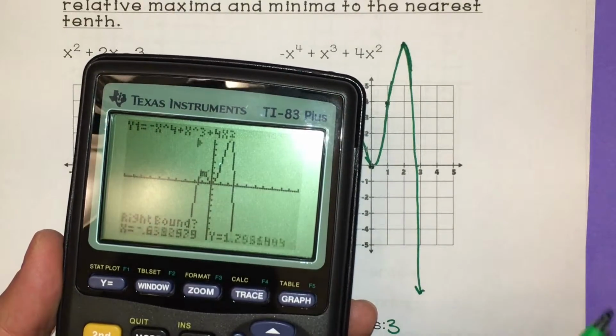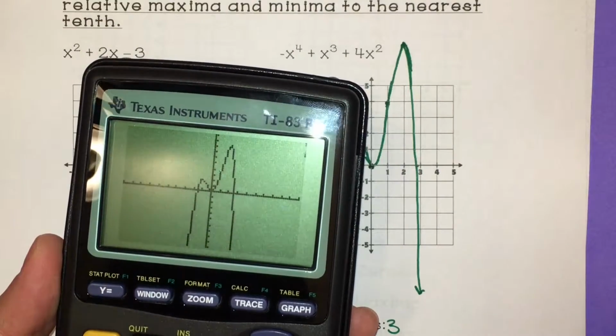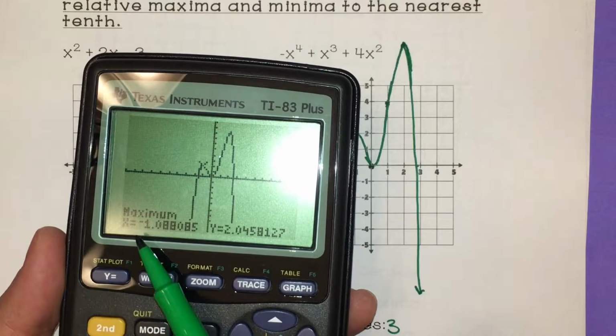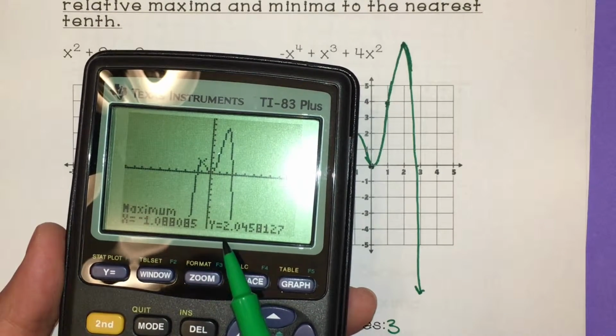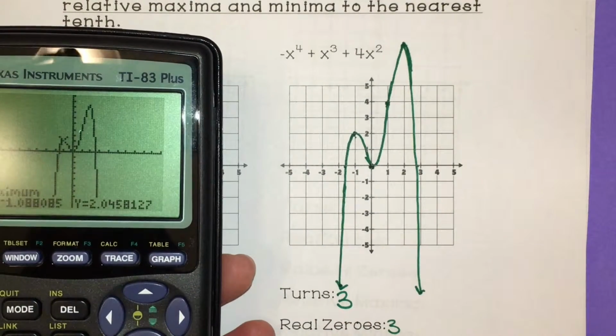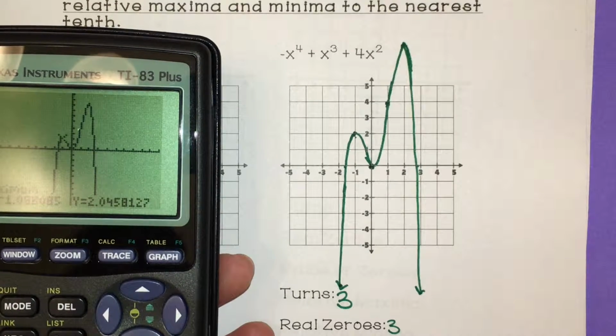Now the right bound to the right side, and I don't really want to guess. So my value is negative 1.1, comma 2.0. All right, so relative maxima, negative 1.1, comma 2.